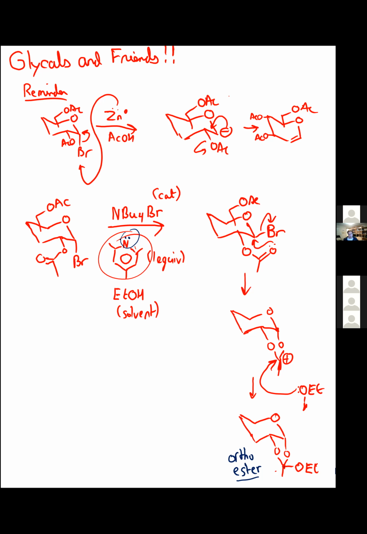And remember, we're talking about glycals. So does anyone want to guess what proton we're going to find if we're talking about glycals? We're almost there. Would it be the C2 hydrogen? Yes, perfect. Look at that angle.